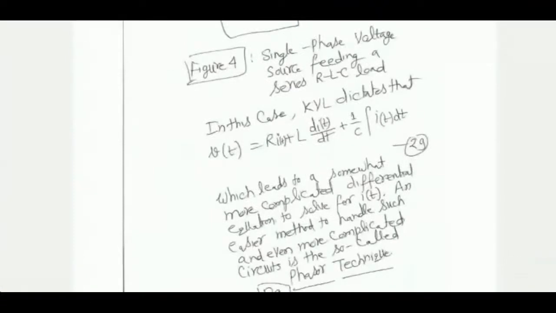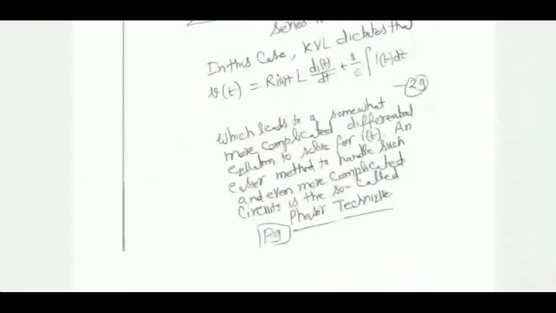Everything becomes purely algebraic. The price we pay for that is that we have to use complex numbers. The frequency domain technique is based on a concept called phasors, which I'm going to talk about soon.